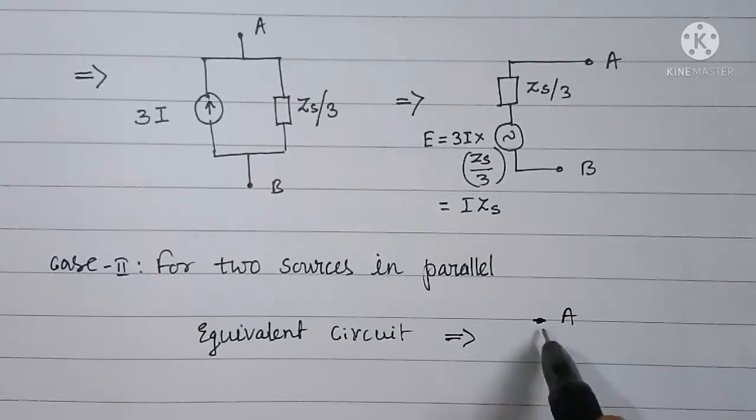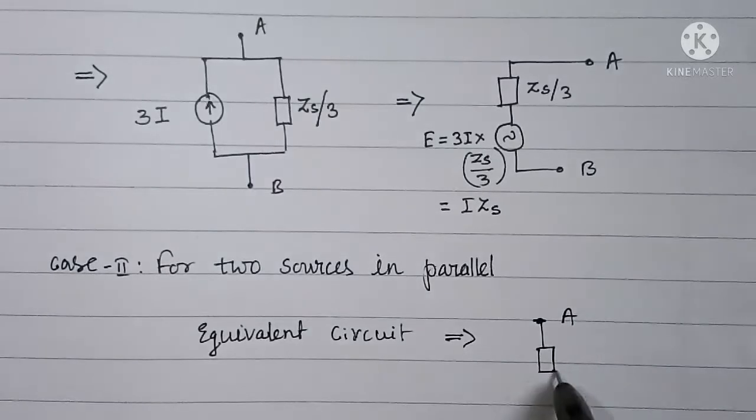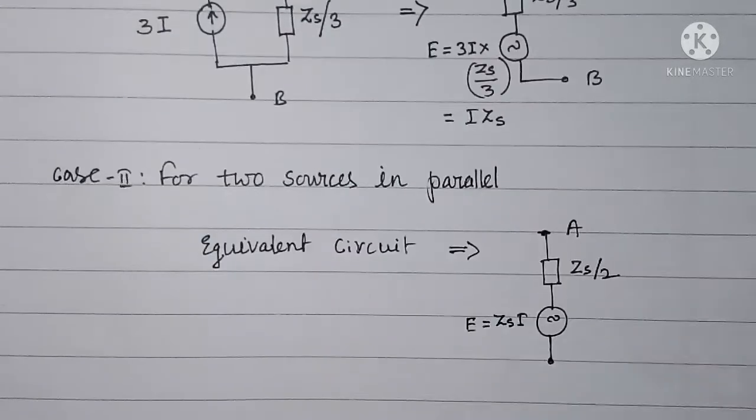Say this is terminal A, this is ZS by 2, and this is EMF source E equal to ZS into I, terminal B here.